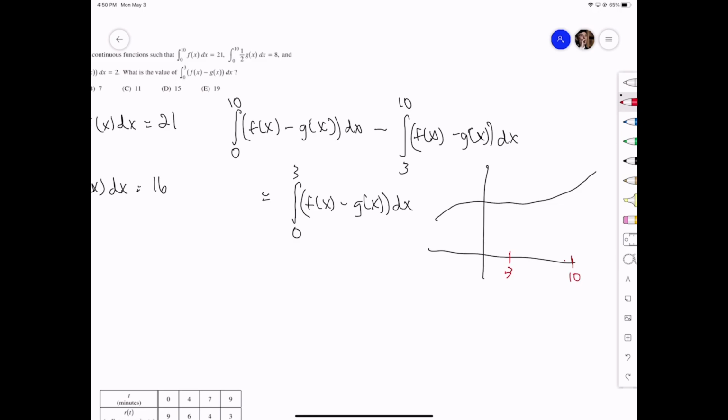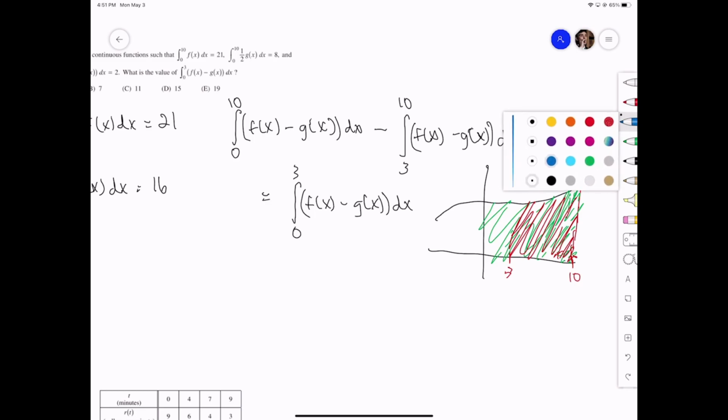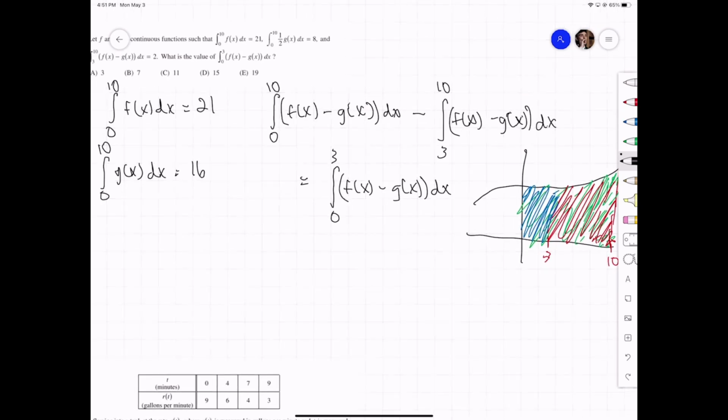So the area under the curve from 0 to 10 would be this whole thing, and the integral from 3 to 10 would be this thing. So if you subtract the integral from 3 to 10 from the integral of 0 to 10, you'll be left with this, which is the integral from 0 to 3.